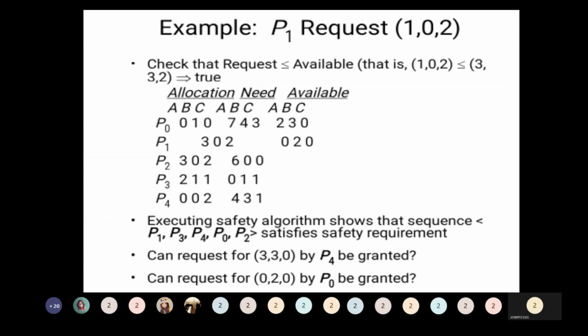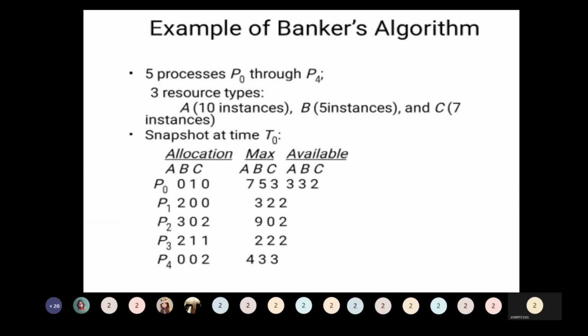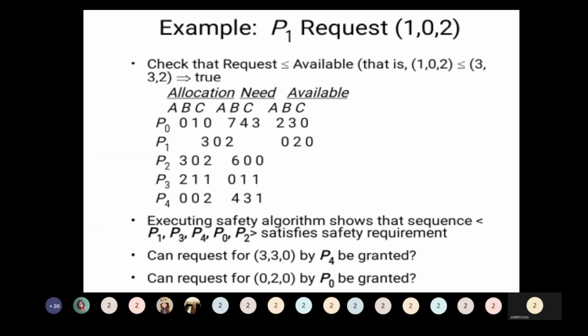Satisfied means you are going to check the remaining things. So what is the current allocation? After you allocate the request of P1, your resource state will change like this.